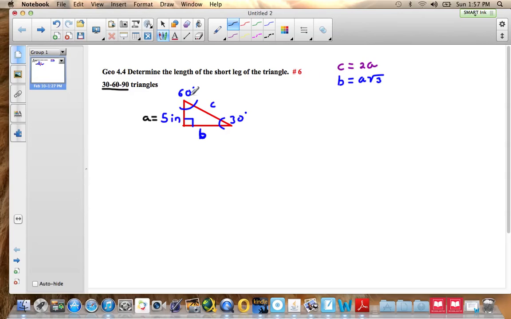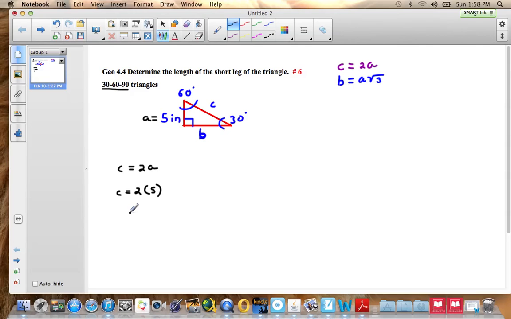So I want to look at the length of C first, my hypotenuse. So using my formula, C equals 2A. Then if A is 5, the length of A is 5 inches, then C is going to be equal to 2 times 5 inches.